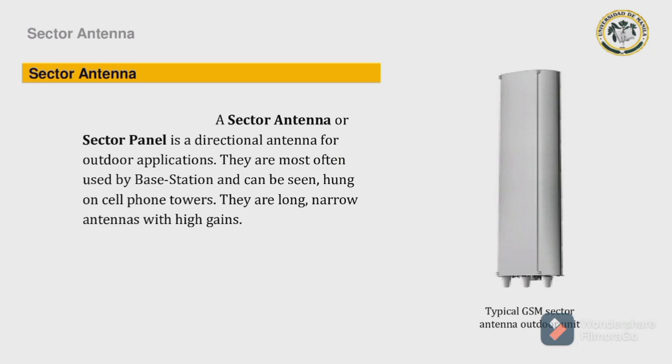A sector antenna or sector panel is a directional antenna for outdoor applications. They are most often used by base stations and can be seen hung on cell phone towers. They are long, narrow antennas with high gains.